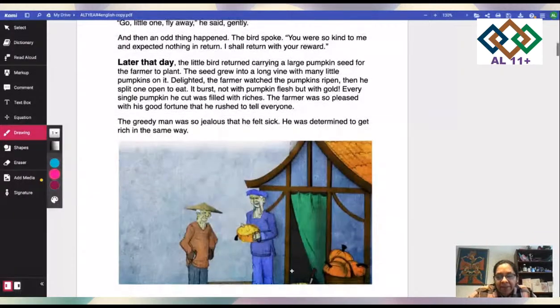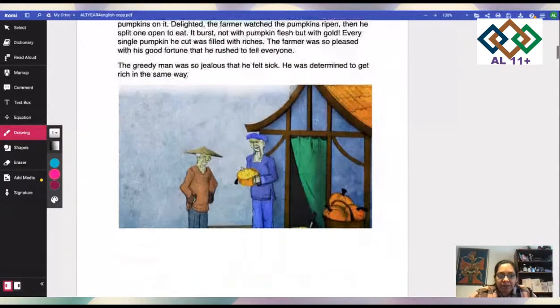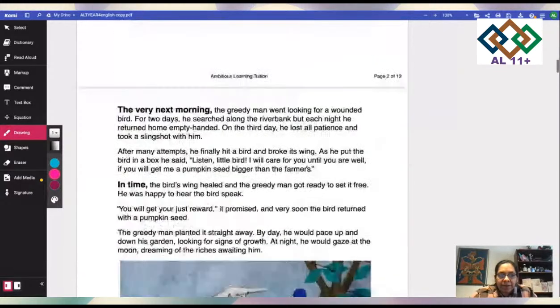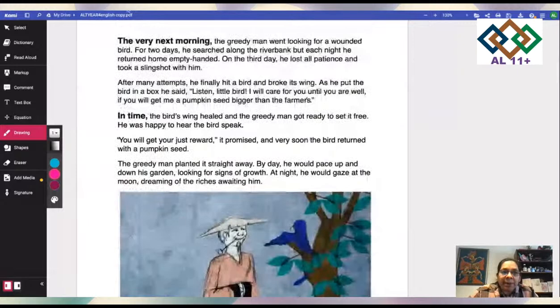And then you have another page. It's about a greedy man.